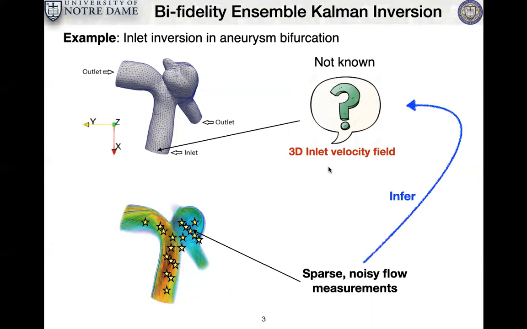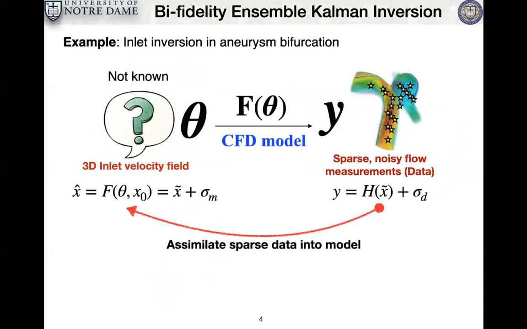We can do this by formulating the problem according to Bayes' rule. Here, theta represents the unknown parameters in our model, and the capital F represents our CFD model.